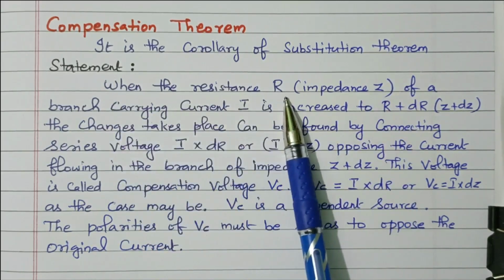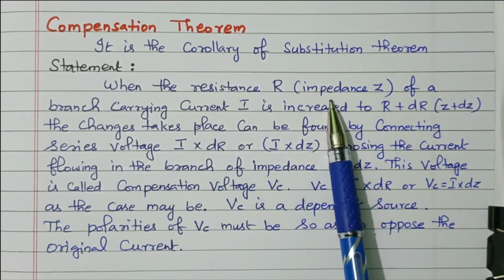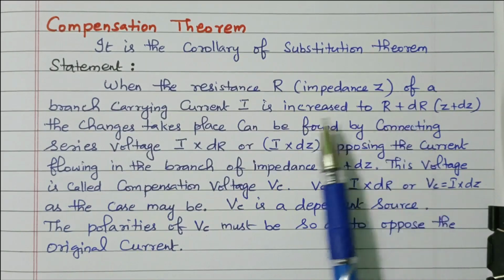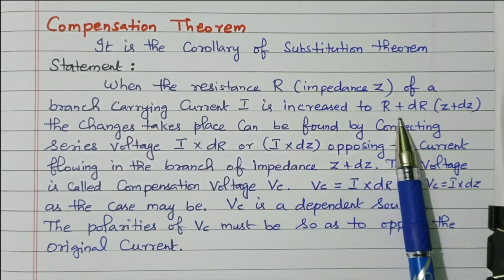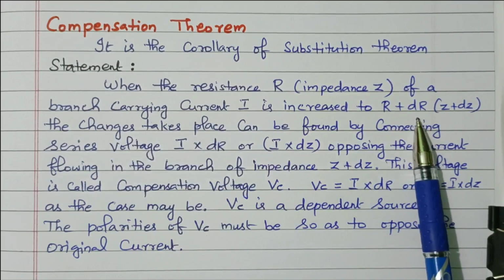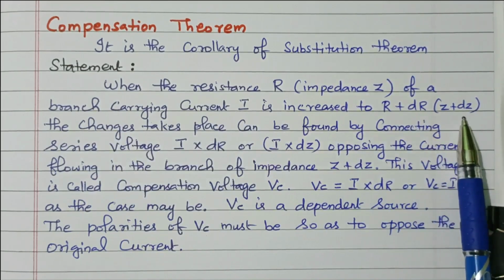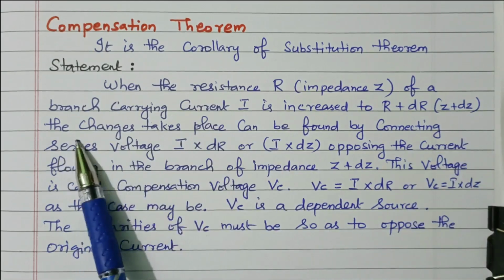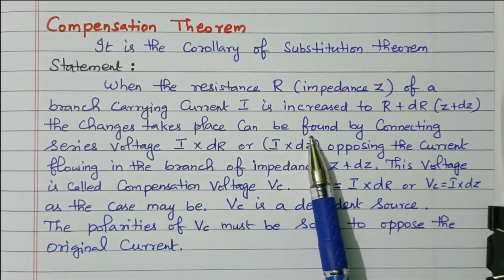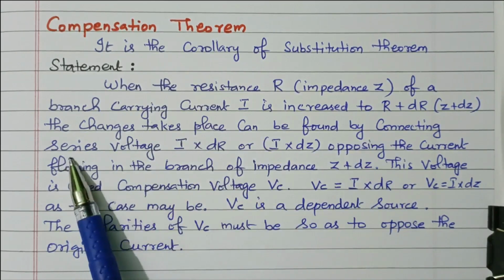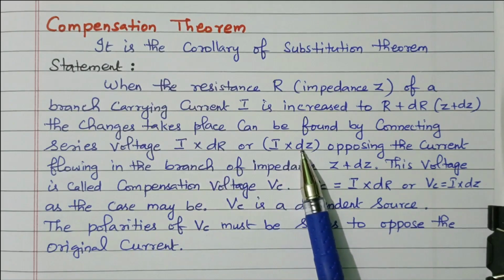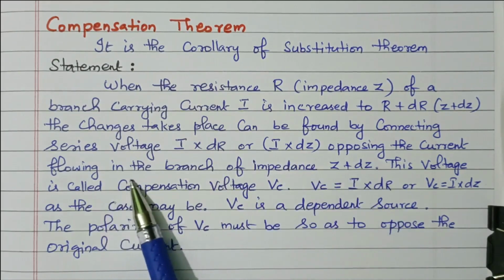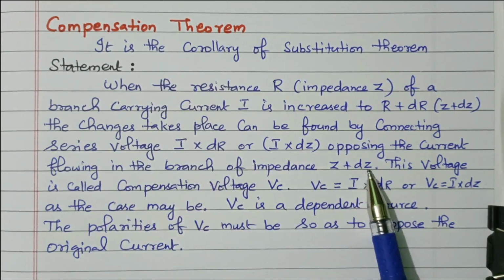When the resistance R, or impedance in case of an AC network, of a branch carrying current is increased to R plus dR, where dR is the change in resistance, otherwise Z plus dZ, where dZ is the change in impedance, the changes that take place can be found by connecting a series voltage I into dR or I into dZ, opposing the current flowing in the branch Z plus dZ.